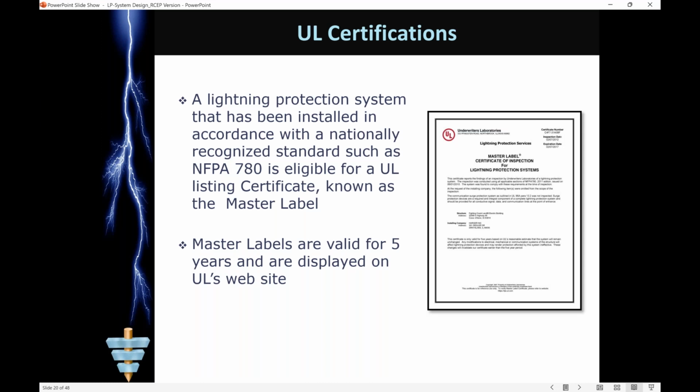And these are listed on UL's website. So this is verification for the owner to know that the system has been installed properly using the appropriate parts and that it's good for 5 years. After that, it has to be re-inspected.